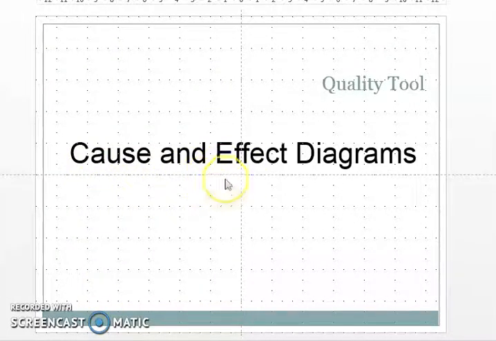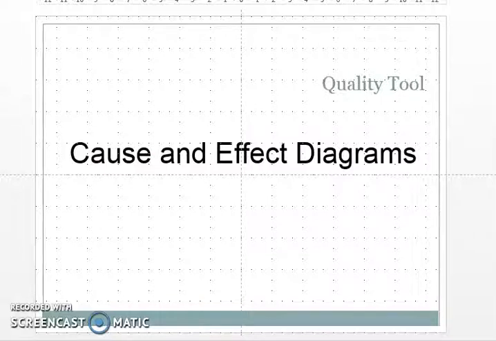quality tool is the cause and effect diagram. This cause and effect diagram is also called a fishbone diagram, or it is also called the Ishikawa diagram, as Ishikawa is a quality guru who invented this cause and effect diagram, and it demonstrates the causes of a particular problem. If there is a problem, why has this problem occurred?